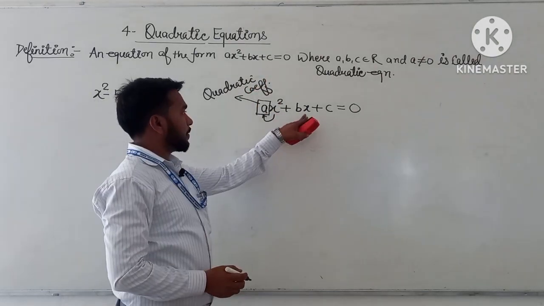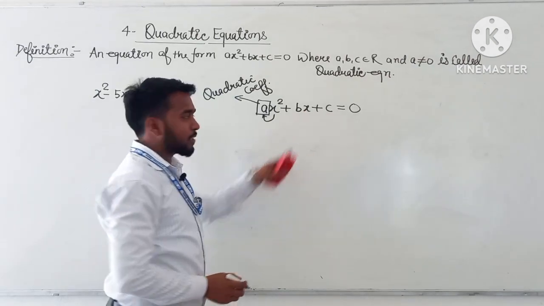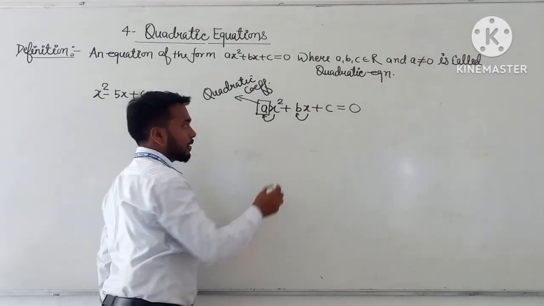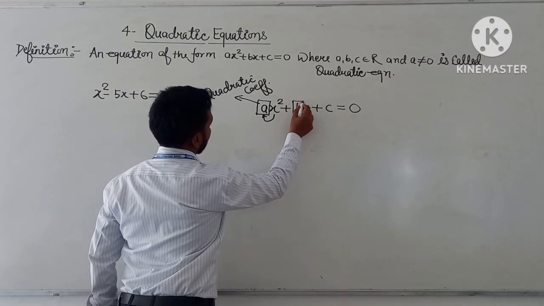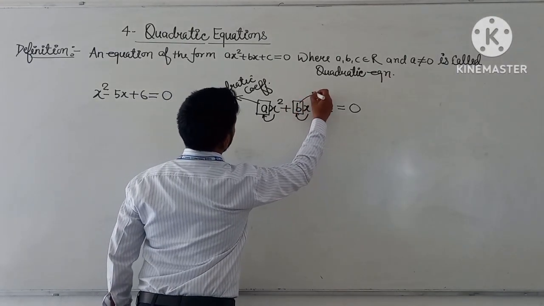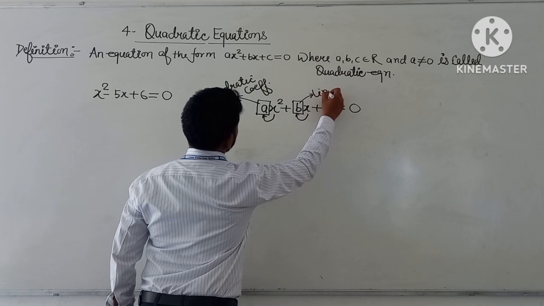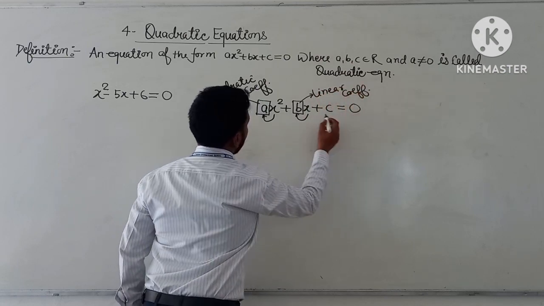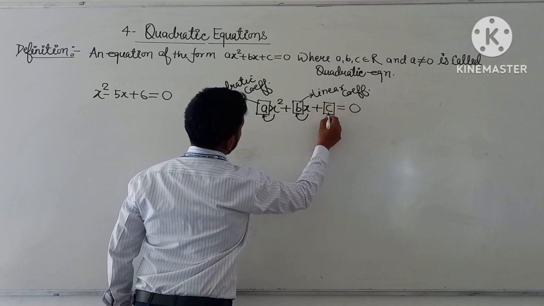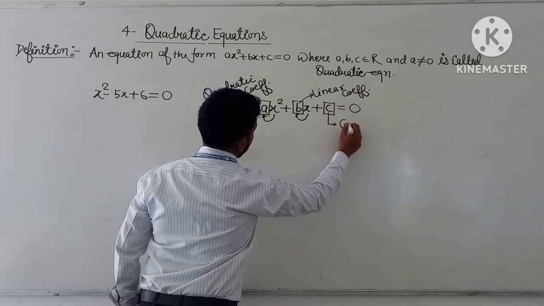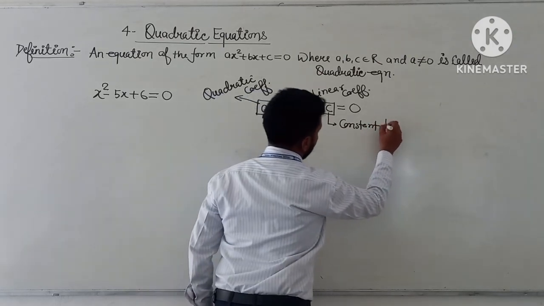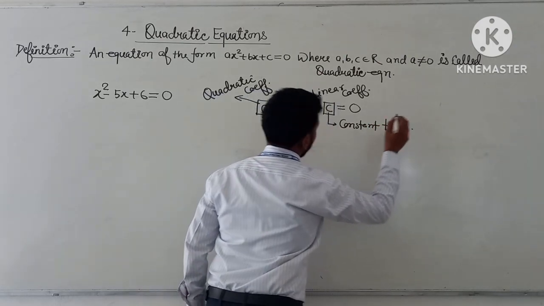And if you observe the coefficient of x, that is b, and here the power of x is 1, so this b is called the linear coefficient. And this c is the constant term.